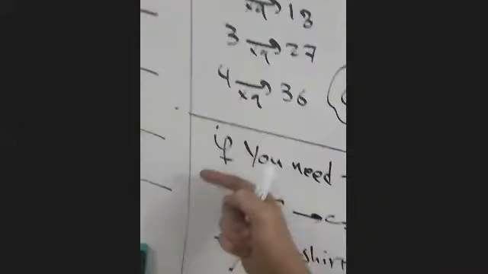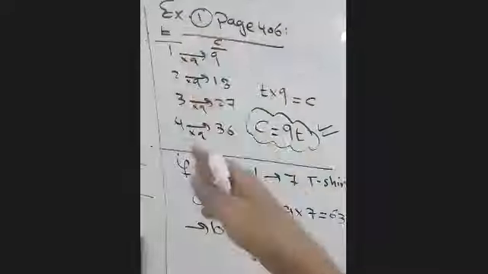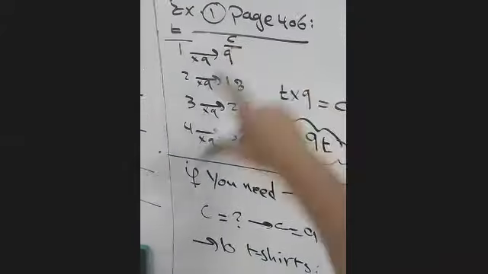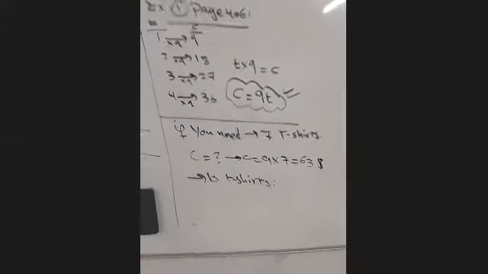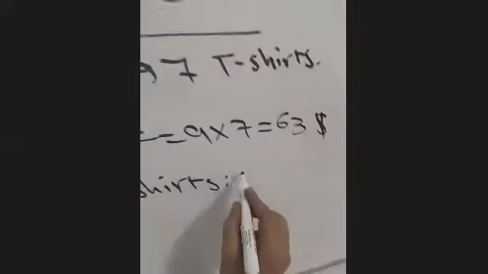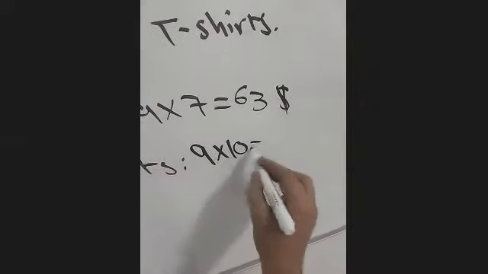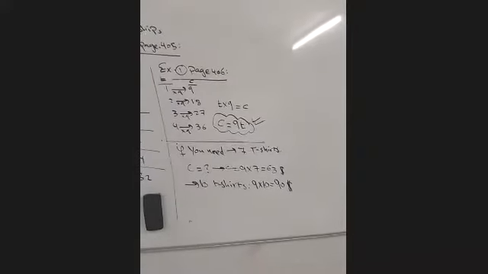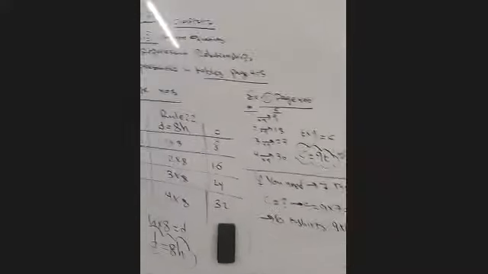No. The formula helps me to find the cost of any number of t-shirts, not only the ones in the table. Got it? So if we want to buy 10 t-shirts, replace T by 10. It will be 9 multiply 10, which is $90. This is the idea of this lesson, guys.